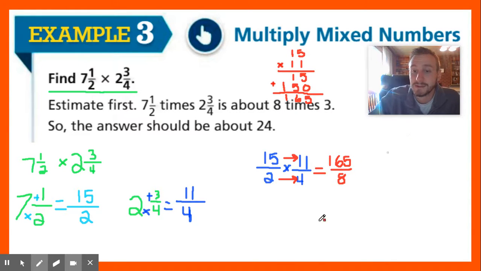8 divided by 165. So let's divide. Can 8 go into 1? No, it's too small. Can 8 go into 16? Yes. 8 times 2 gives you 16, which is good.